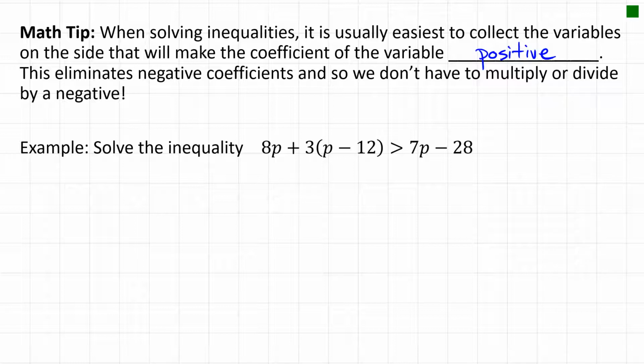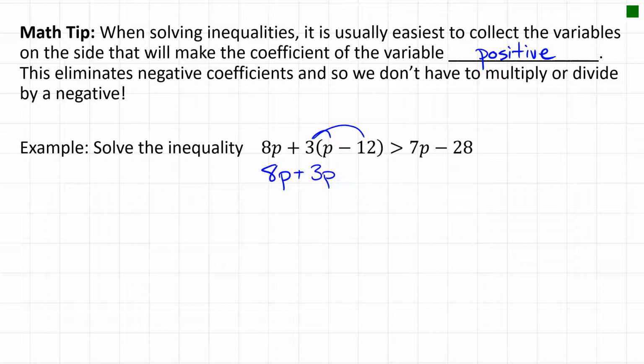In this example, I'm going to show you that if there's a bit of choice about rearranging this inequality, we might as well do it so that we have positive coefficients with our variable. Let me show you what I mean. So we're going to solve this inequality. To do that, we'll have to expand this bracket so that we can group like terms.